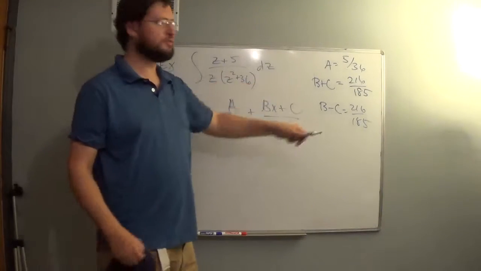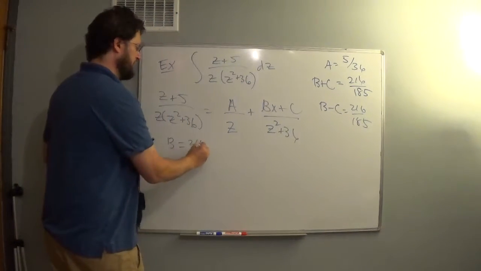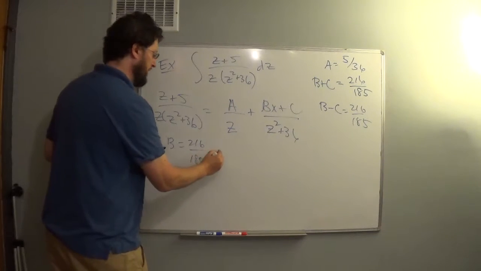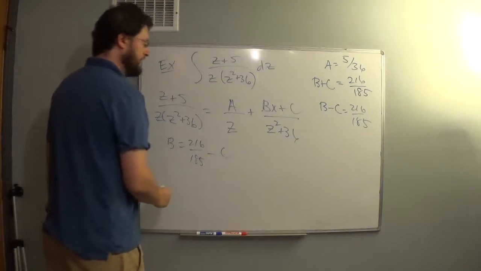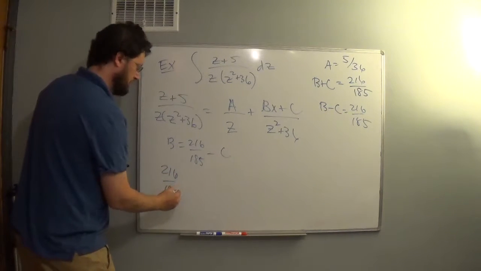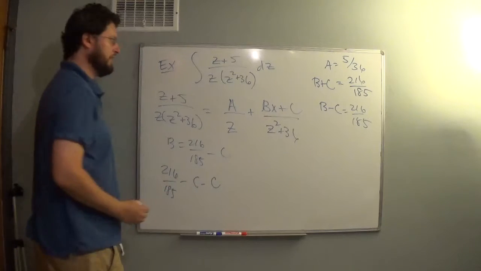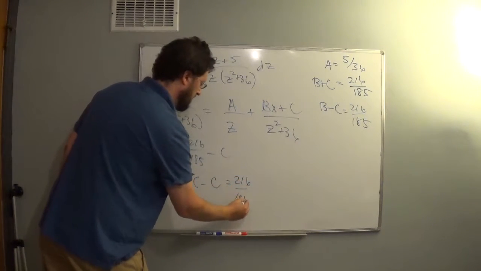Use these two equations with two unknowns. That tells me that B is equal to 216 over 185 minus C, if I solve the first one, brings C over. Which means if I plug that into the second one, I get 216 over 185 minus C is 216 over 185.